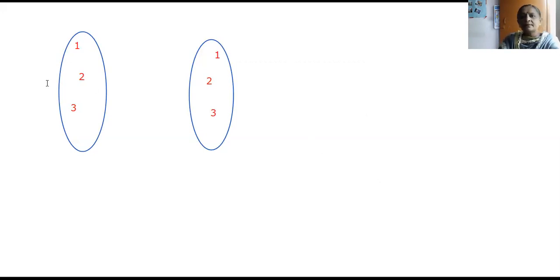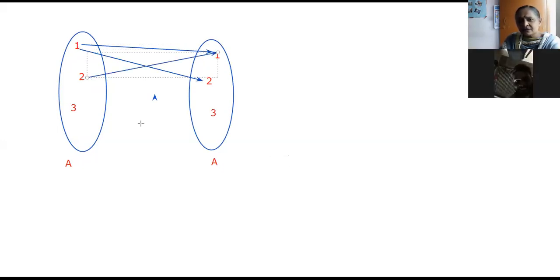Okay, so we took the same set, set A, and we are considering the cross product with itself. Here also I have written set A, and we are talking about the relation from set A to set A itself. So if I join 1 to 1, then I join 1 to 2, then I join 2 to 1, I join 2 to 3, then I have joined 3 to 3 itself.